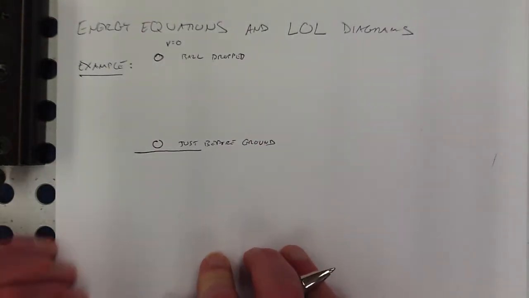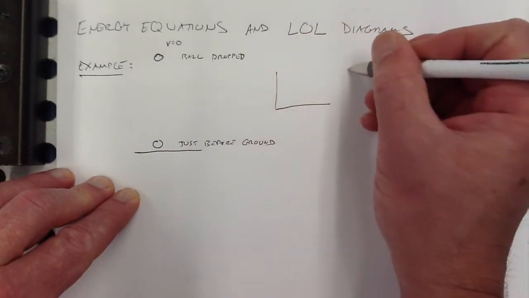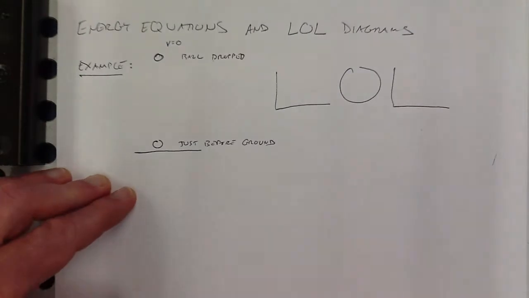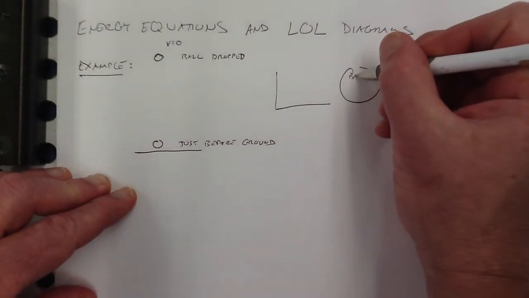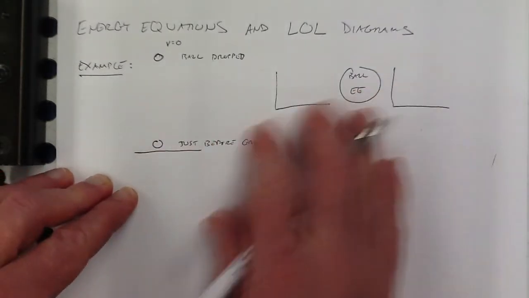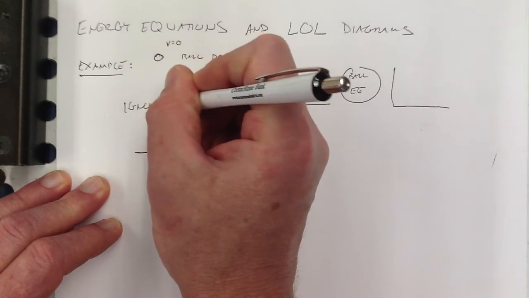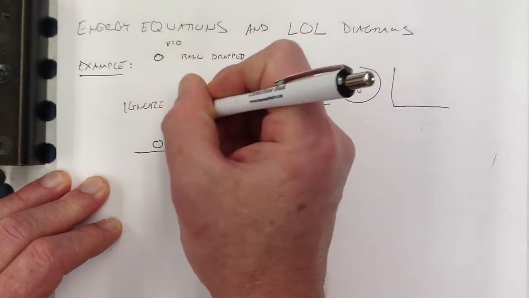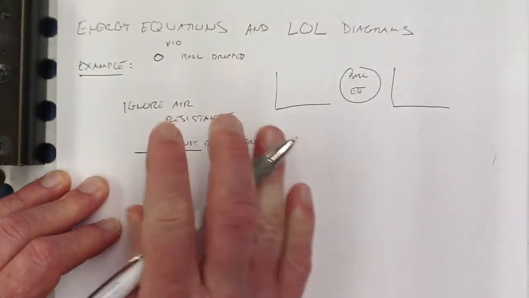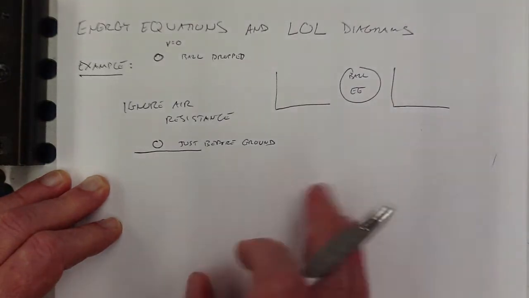Okay, so let's make our diagram. So first thing is what's in the system? Well, obviously the ball and the entire Earth. And in this one, we'll say we're ignoring air resistance. So in other words, if we were doing pie charts, we would be ignoring the dissipating energy.